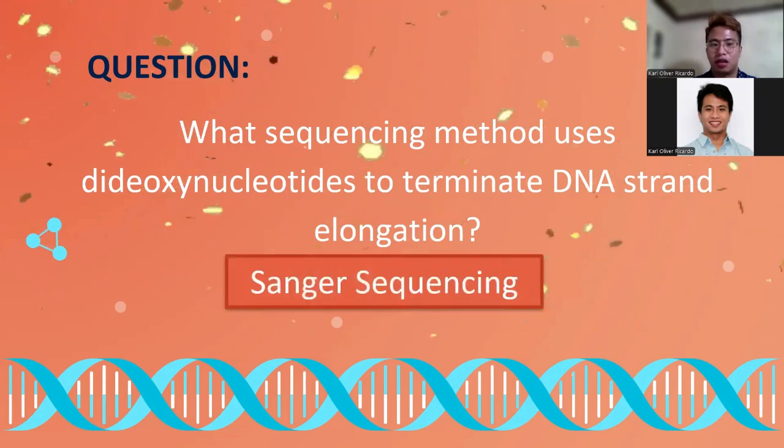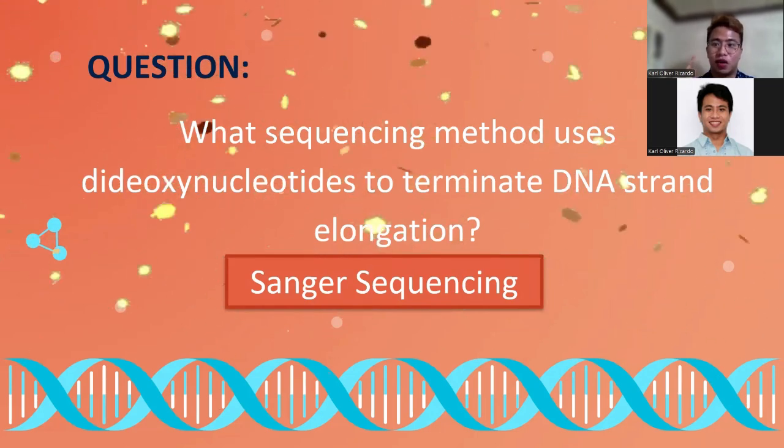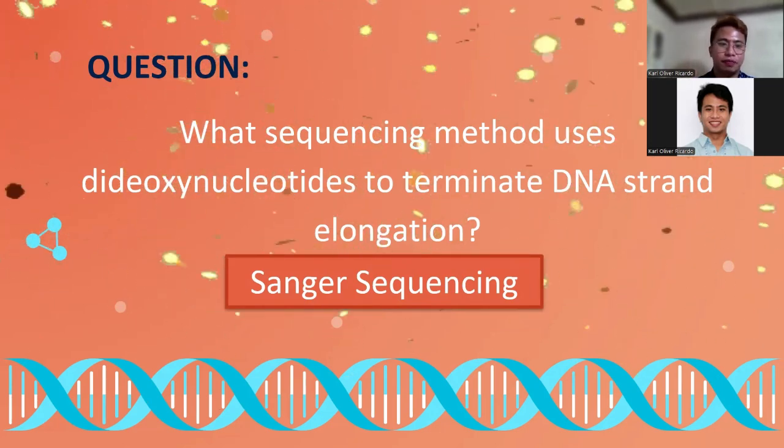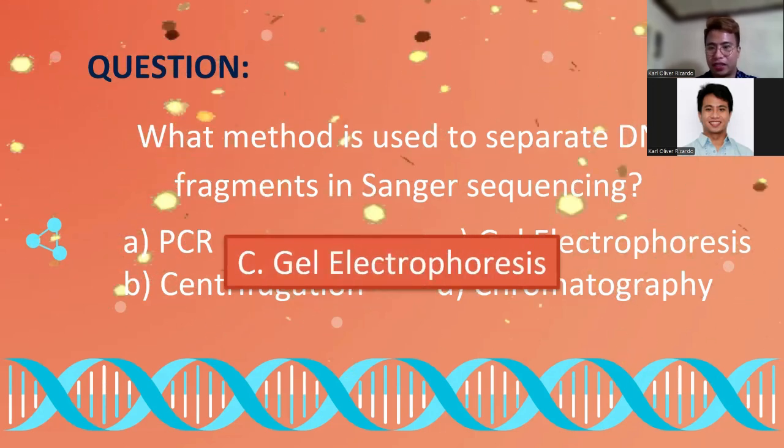It is the Sanger sequencing, or what we call as the gene sequencing with dideoxynucleotides. Okay? And then what method is used to separate DNA fragments in Sanger sequencing? Is it PCR, centrifugation? Is it gel electrophoresis, or the chromatography? The correct answer is gel electrophoresis.